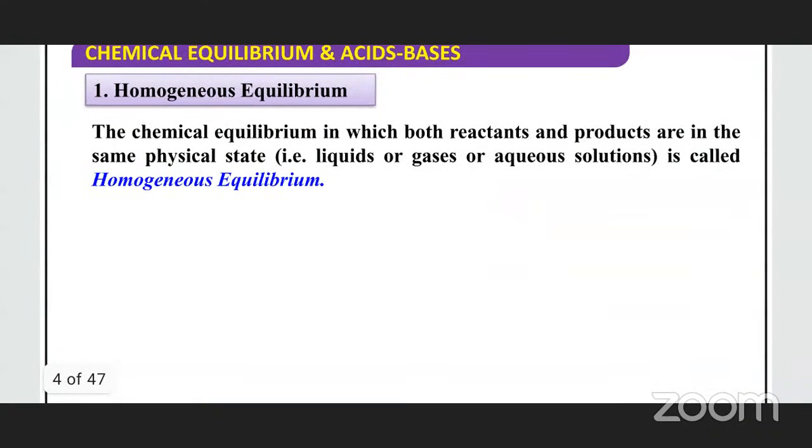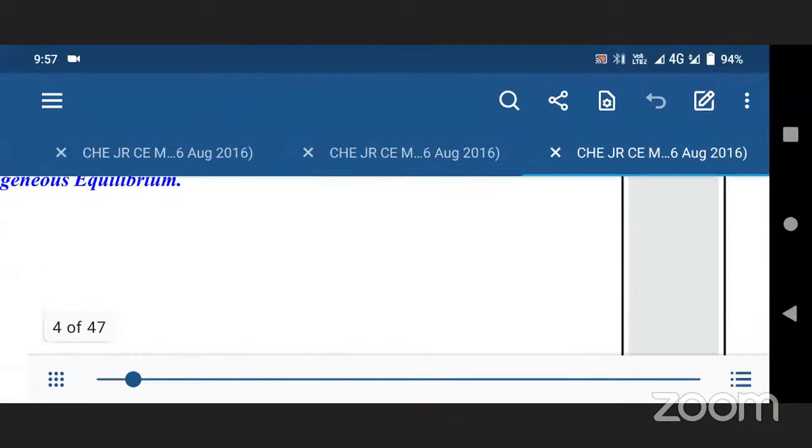The chemical equilibrium in which both reactants and products are in the same physical state, liquids or gases or aqueous solution, is called homogeneous equilibrium. Same phase for reactant and product.